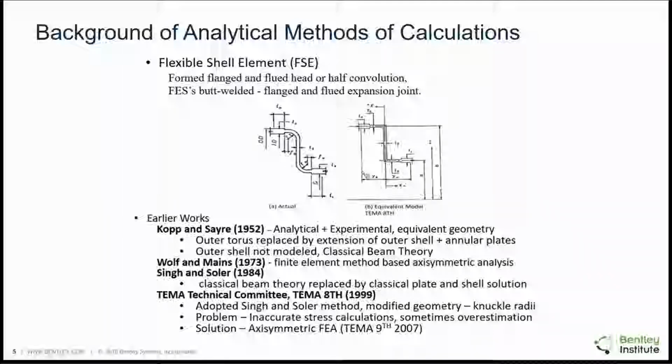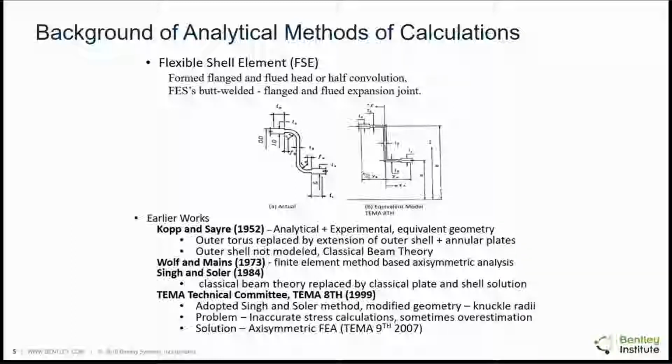On the left you can see the actual picture, and on the right you can see the equivalent model for TEMA 8th. These are formed flanged and fluid type half convolution joints, and this flexible shell element, which is the half convolution, will be our main topic of analysis in the finite element method.